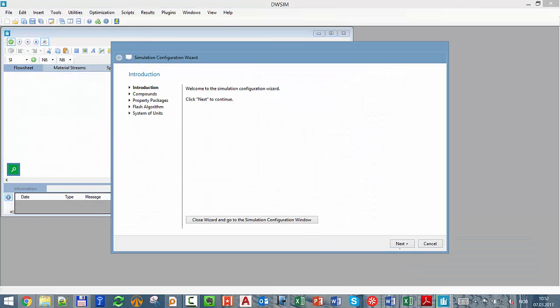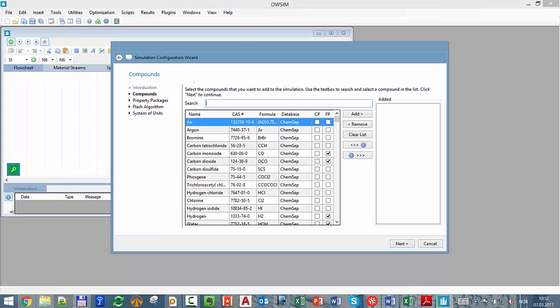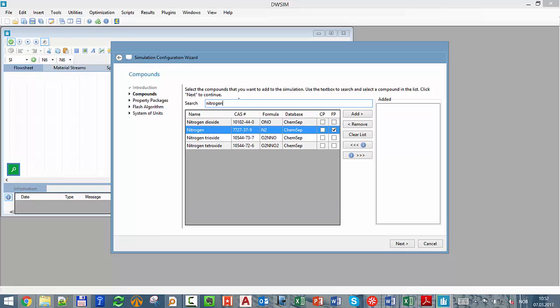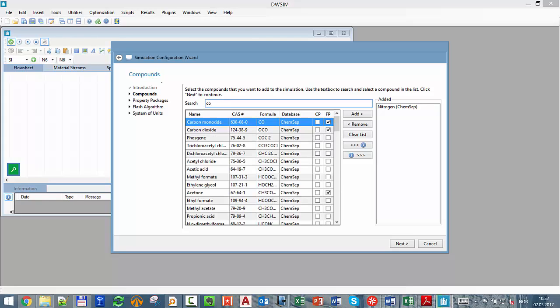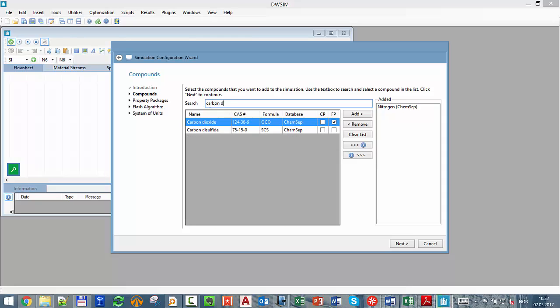I have to set up some things first. Which components? If someone can tell me what components I have, I think nitrogen is the first one. Next one. CO2, carbon dioxide. The next one, methane.